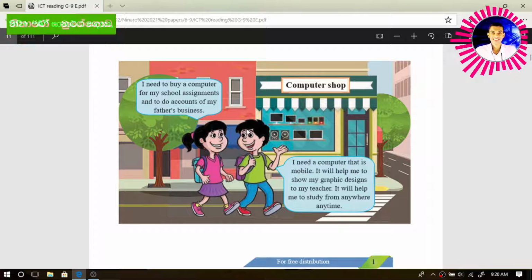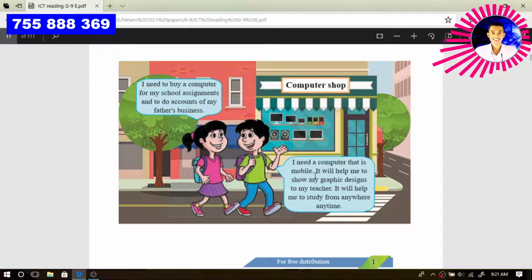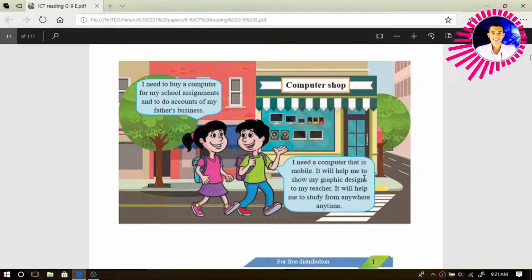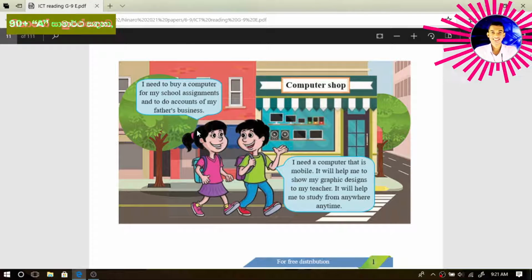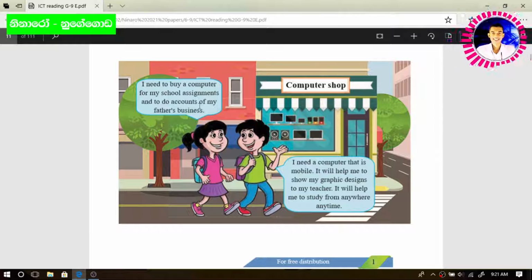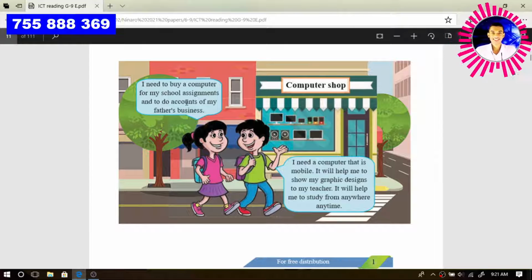This boy student said, I need a computer that is mobile. It will help me to show my graphic designs to my teacher. It will help me to study from anywhere, anytime. There is a difference between the requirements of these two students. The girl is going to buy a computer to complete her school assignments as well as for her father's business.